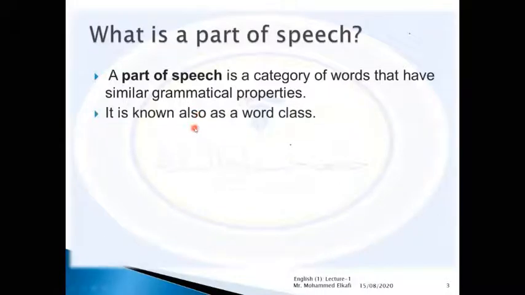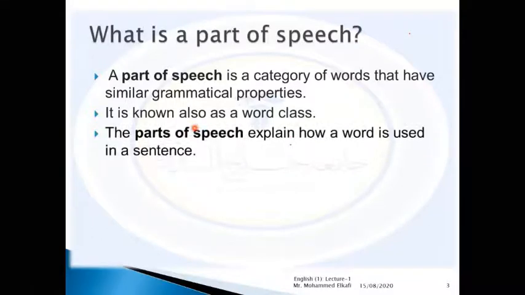As we said, it is known also as a word class. And the parts of speech explain how words are used in a sentence. So here we think of how a word is used in a sentence. The usage of a word in a sentence is very important. We are studying grammar, and when we say grammar, here we think of the sentence.